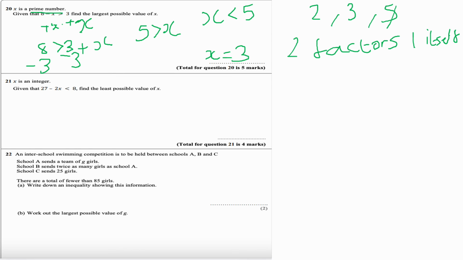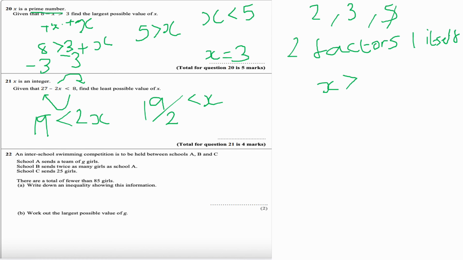This is question number 17. X is an integer. Given that 27 minus 2x is less than 8, find the least possible value of x, so the smallest possible. So if I add 2x to both sides and bring the minus 8 over, I get 19 is less than 2x. Dividing it by 2, I get that 19 over 2 is less than x. So 19 over 2 as a decimal is going to equal 9.5.